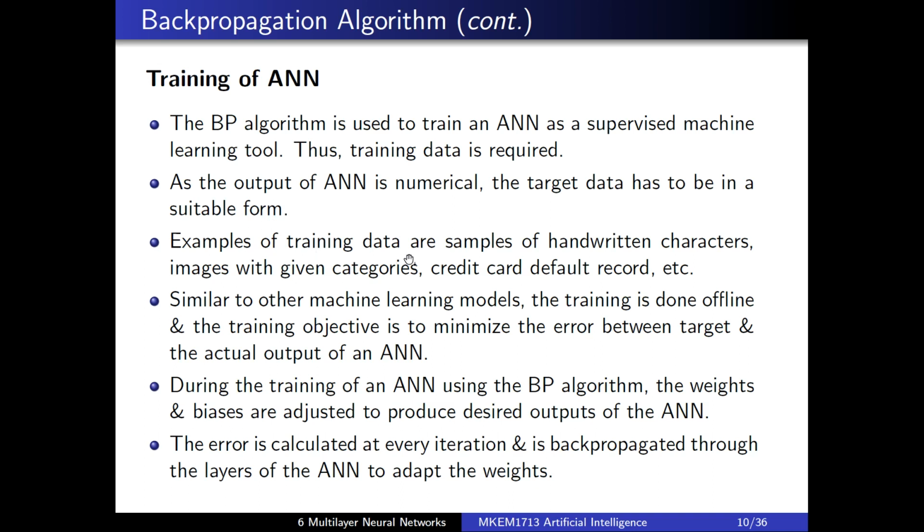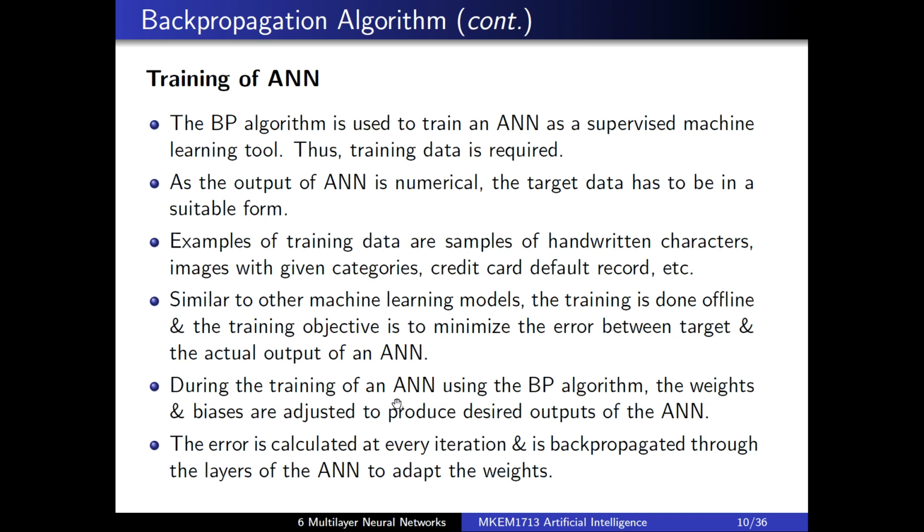Examples of training data are samples of handwritten characters, images with given categories, credit card default records, etc. Similar to other machine learning models, the training is done offline, and the training objective is to minimize the error between target and the actual output of an artificial neural network. Target here refers to your data, your training data and your test data, and actual output here refers to the output of your model.